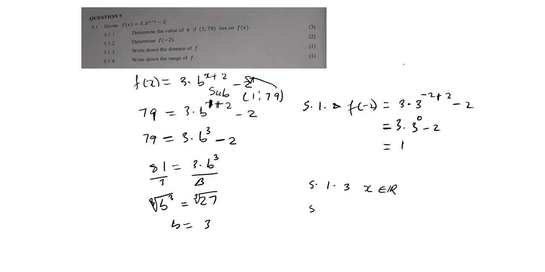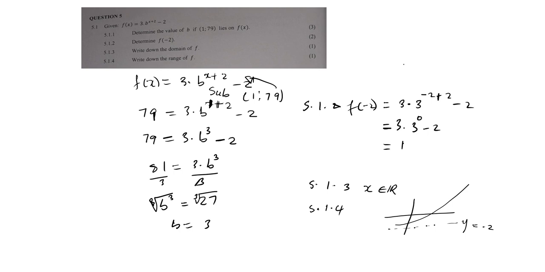So 5.1.4, they are saying they want the range. The graph, obviously, will cut the y-axis at a particular point. It's just a depiction of how the graph might look, or how it might go about. So let's say this is our line y equal to -2.